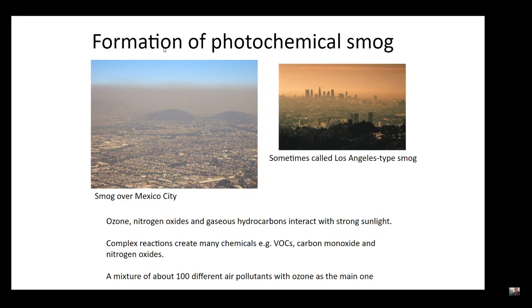And then, bringing it all together, what is the formation of smog? I want to clarify, smog is really a mix of all these things. Smog is ozone. Smog is particulate matter. Smog is nitrogen oxide. It's really just all this pollution that's up in the air.